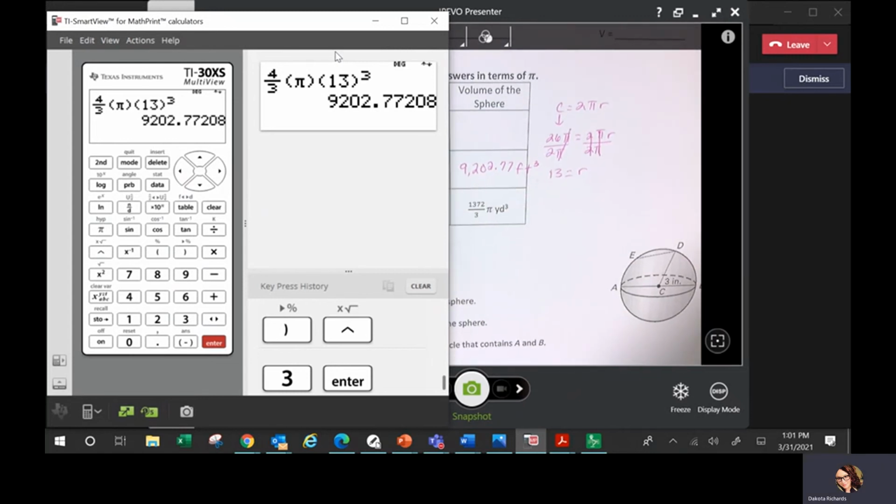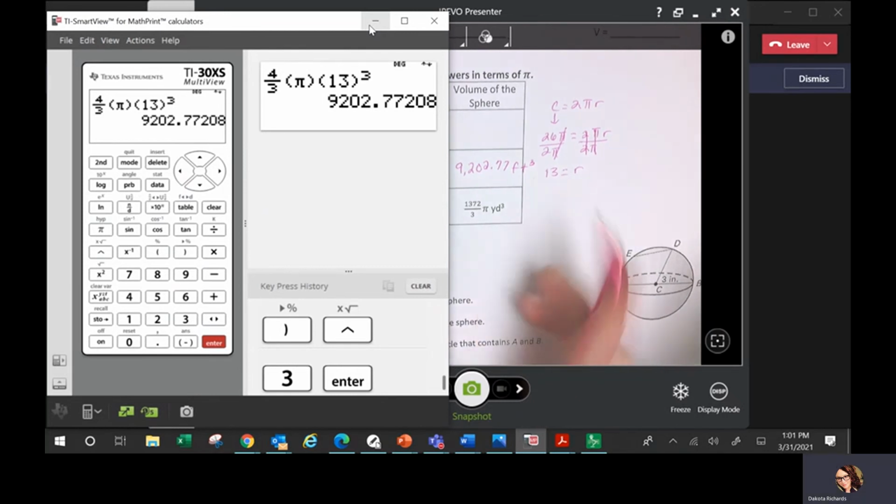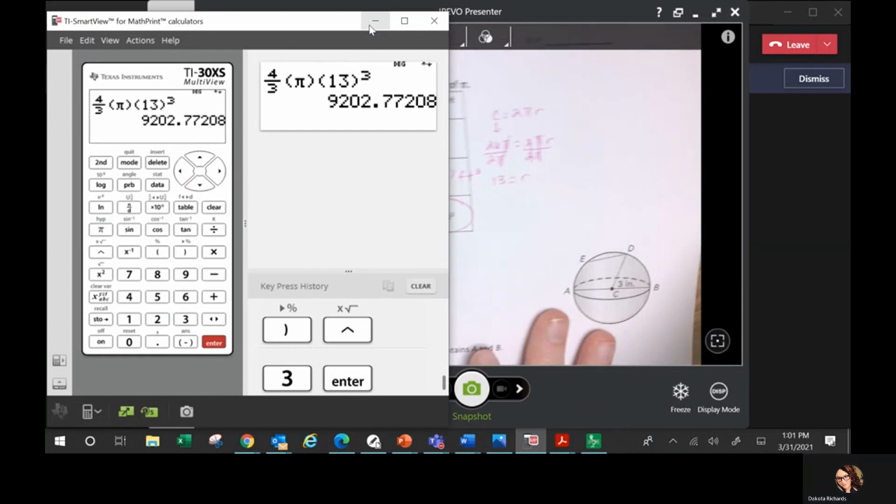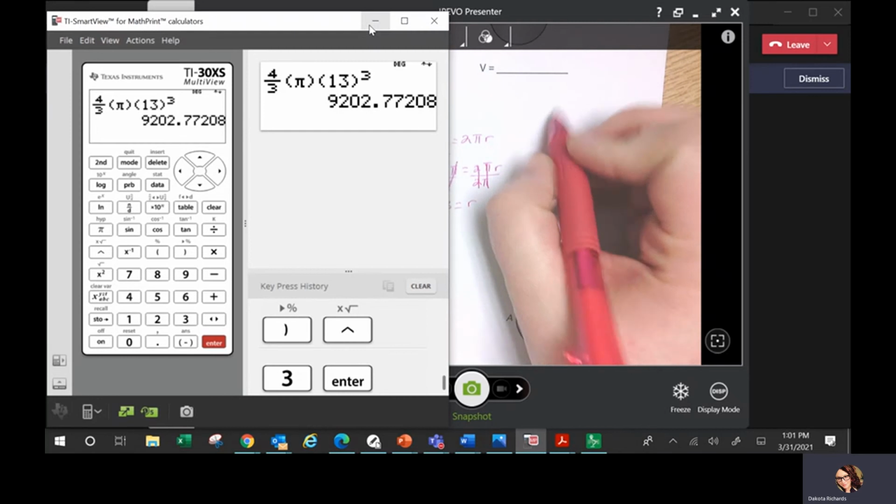Okay, so number 6 is probably where most of you have your questions. Am I right? So if you can type in your calculator, you can do this question. It's just a matter of how do you type it in your calculator. On number 6, you are given the volume. So I'm going to go ahead and write the formula over here.